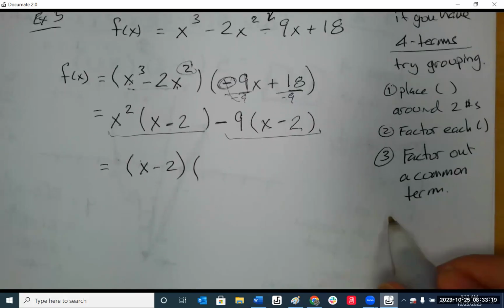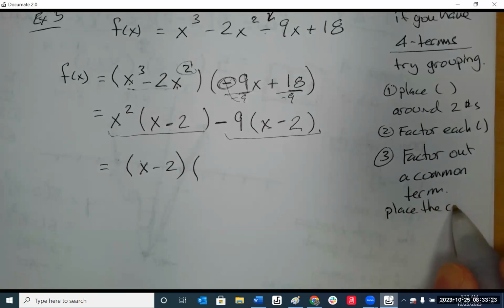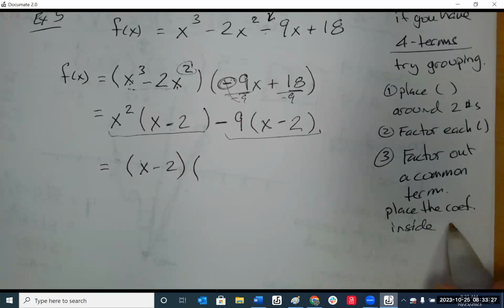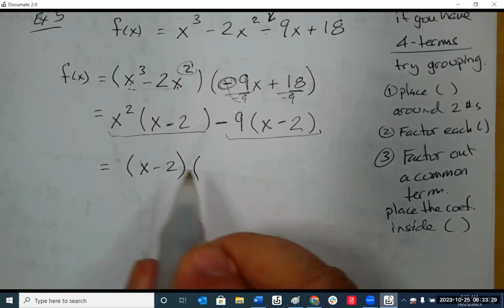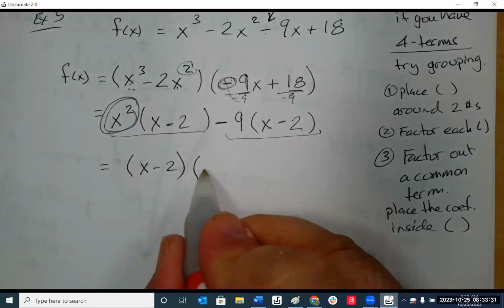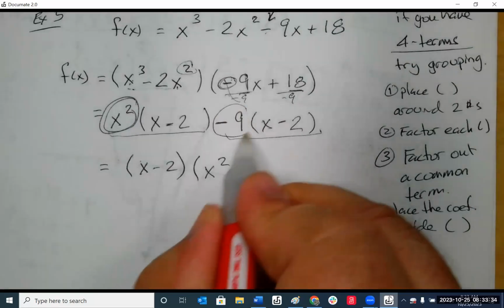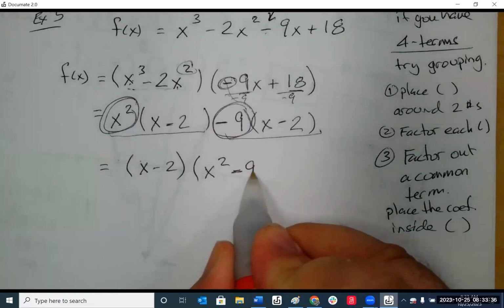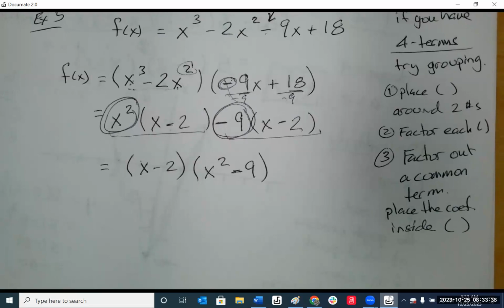In other words, place the coefficients inside their own parenthesis. So we have x squared, and we have negative 9. They go in their own parenthesis.